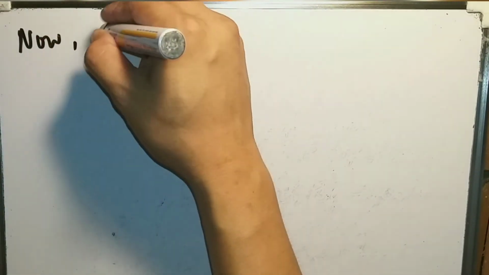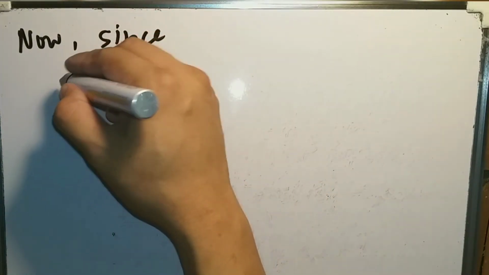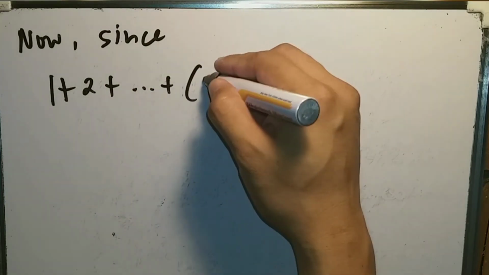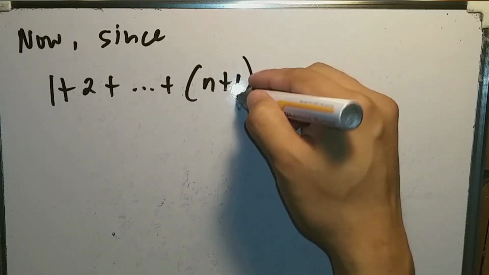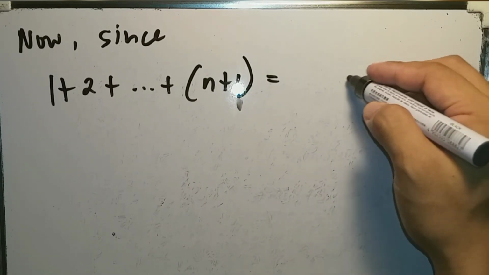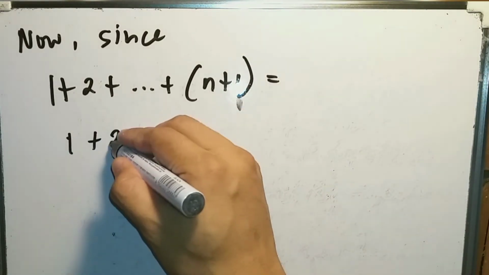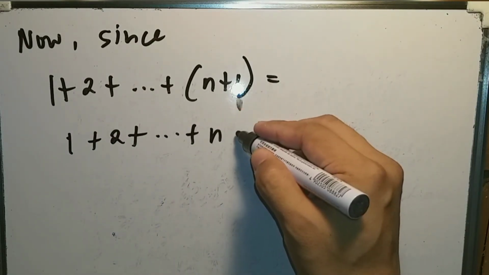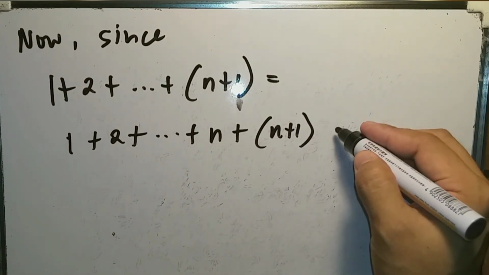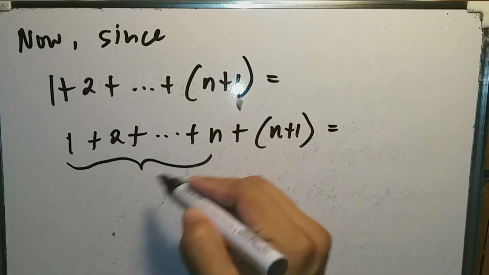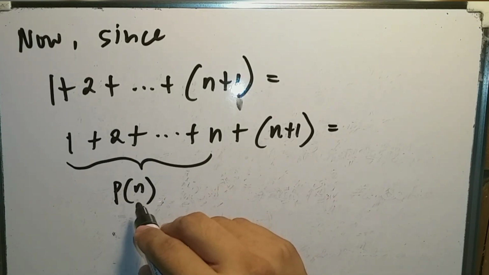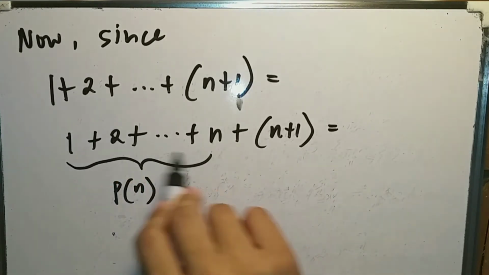Now, since 1 plus 2 plus up to n plus 1 is equal to 1 plus 2 plus up to n, plus n plus 1, this term is simply p of n. So we may use the proposition for this expression.